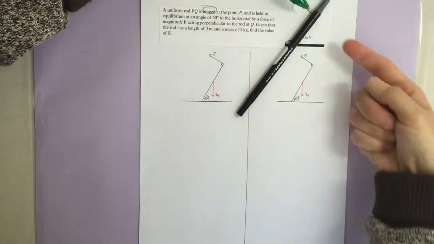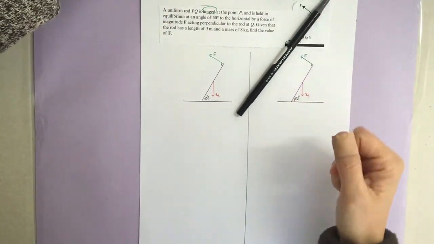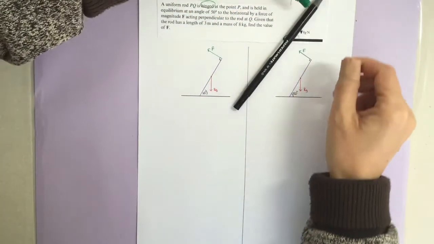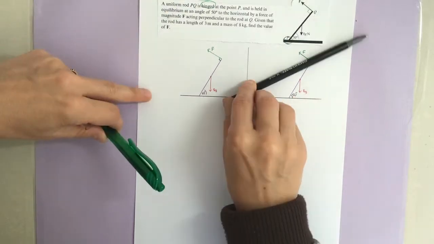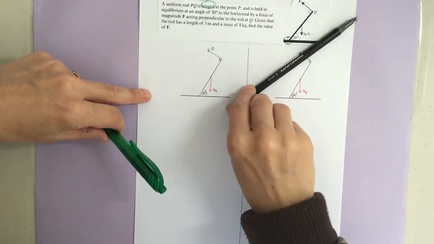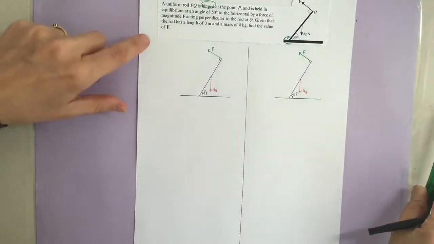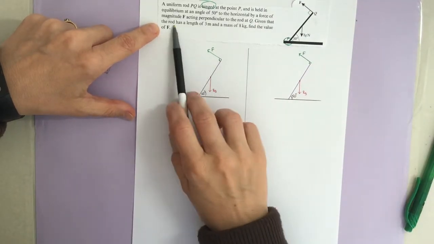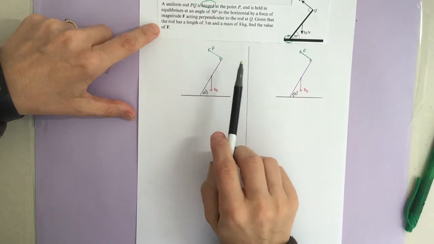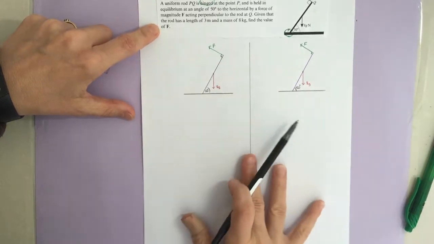It might be a string or someone pushing or pulling it, it doesn't matter. We've got a force here that's holding this thing in equilibrium, because if that wasn't there, it would be hinged here and it would move. And that's perpendicular to the rod. Given that the rod is of length 3 metres and mass 8 kilograms, find the value of F. So that's our question here.